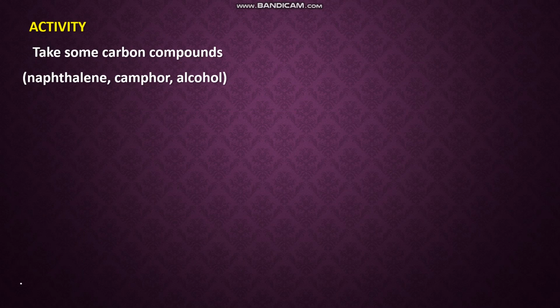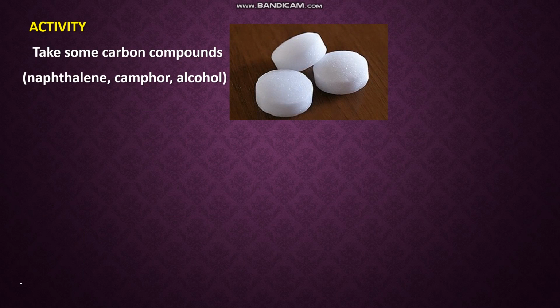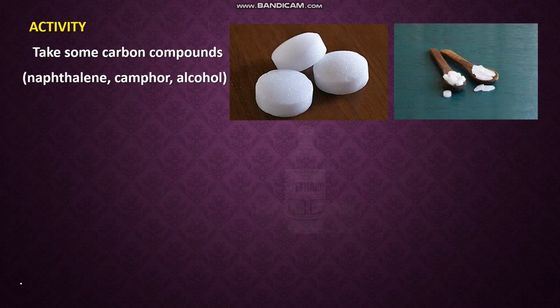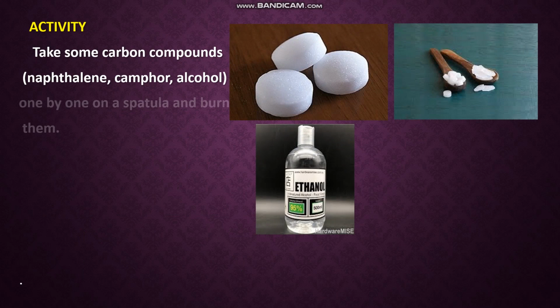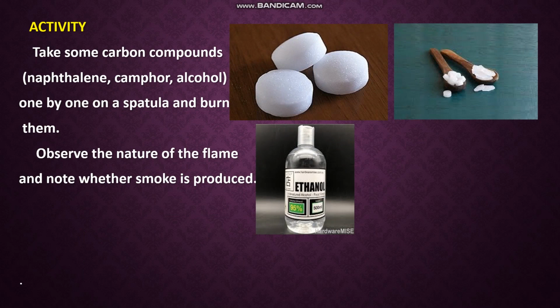Now let us see one activity. Take some carbon compounds. We have taken 3 carbon compounds: naphthalene, camphor and alcohol. One by one, take them on a spatula and burn them. Now what we have to do?